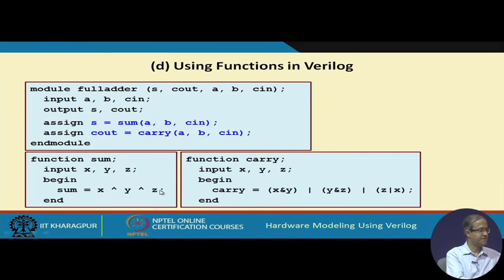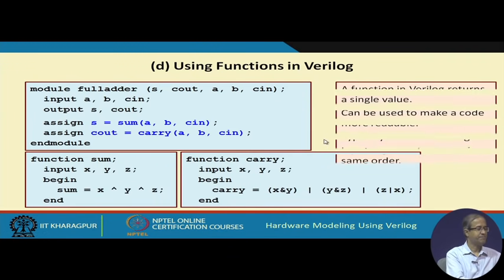This is the sum function. Similarly, this is the carry function. So, you can directly call these functions in the main full adder module. What is the advantage is that your module becomes easily understandable, it is much more well documented. So, instead of writing the expressions here, this module will become more clumsy, rather than if you write like this, it will be much clearer.